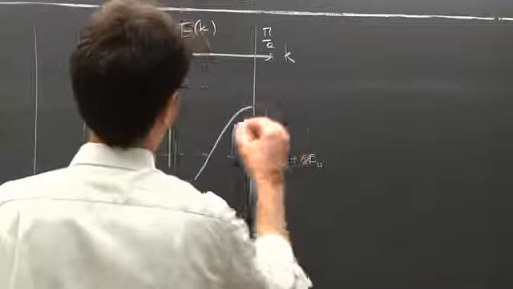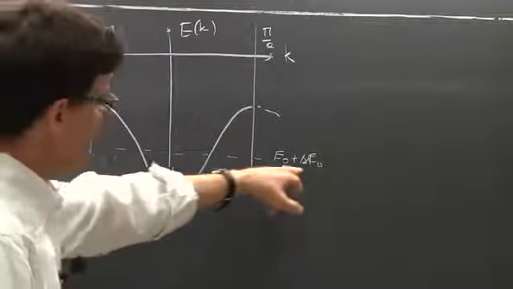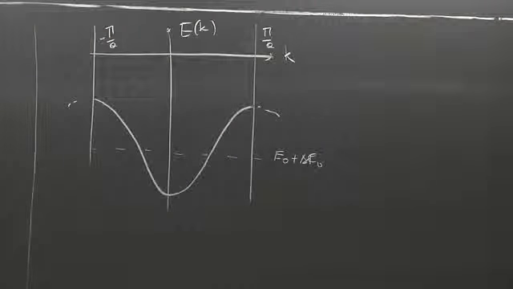Of course, it will continue this way, but we just stop between minus pi over a and pi over a in terms of k. Notice we changed variables, so it's no longer pi, but pi over a now. And that's the energy as a function of k. The only difference with respect to last time is that I shifted the value of E naught plus delta naught to bring it to a negative value, which is what you argued was correct.